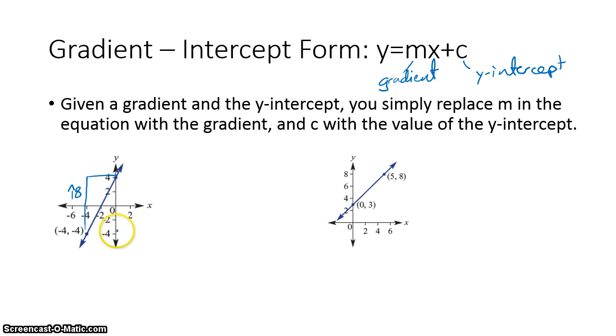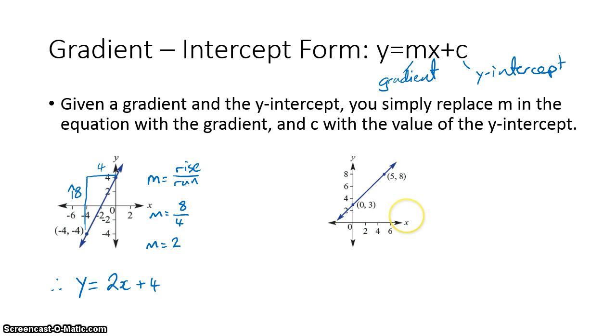And it's going across in the same time from -4 to 0, 4. So if I wanted to find the gradient, remember gradient is rise divided by run. In this case, it's gone up 8 and along 4. That's a gradient of 2. The y-intercept, it's given to us. The y-intercept is 4. Therefore, the equation of that line is y equals 2x plus 4.